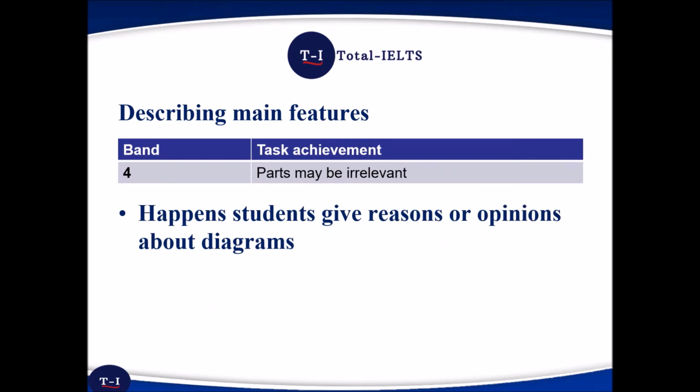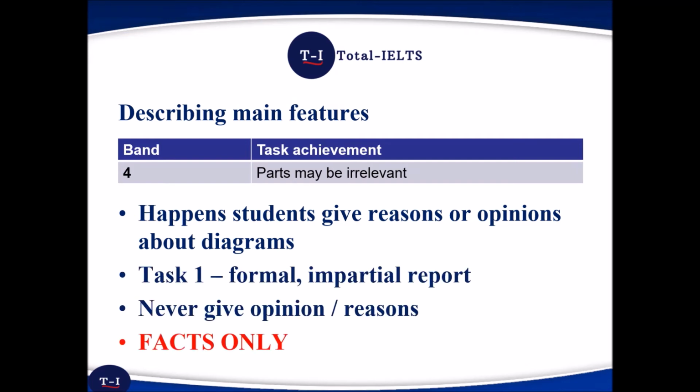Band 4 is awarded for parts may be irrelevant. This happens when students give reasons or opinions about the diagrams. Task 1 is a formal, impartial report, so never give your opinion or reasons for any information in the diagram. Stick to the facts only.